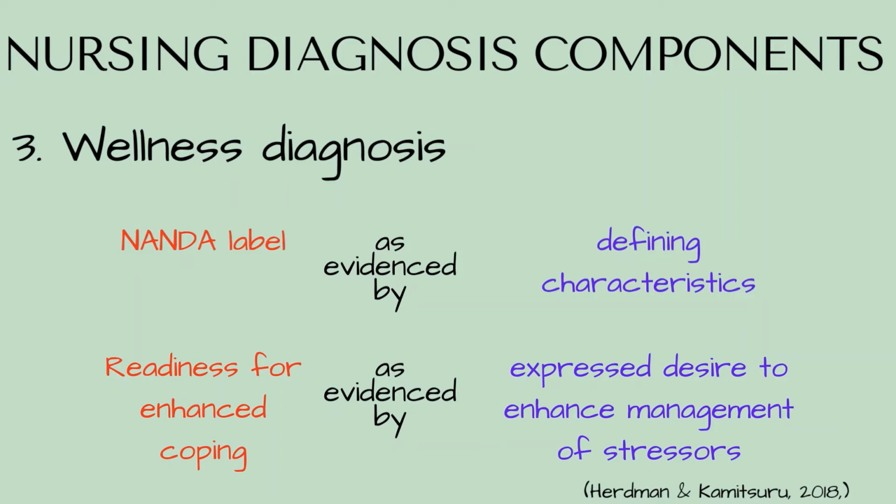It commonly takes the format NANDA diagnostic label as evidenced by defining characteristics. For example, readiness for enhanced coping as evidenced by expressed desire to enhance management of stressors. In this example, readiness for enhanced coping is the NANDA diagnostic label, and expressed desire to enhance management of stressors is the defining characteristic.